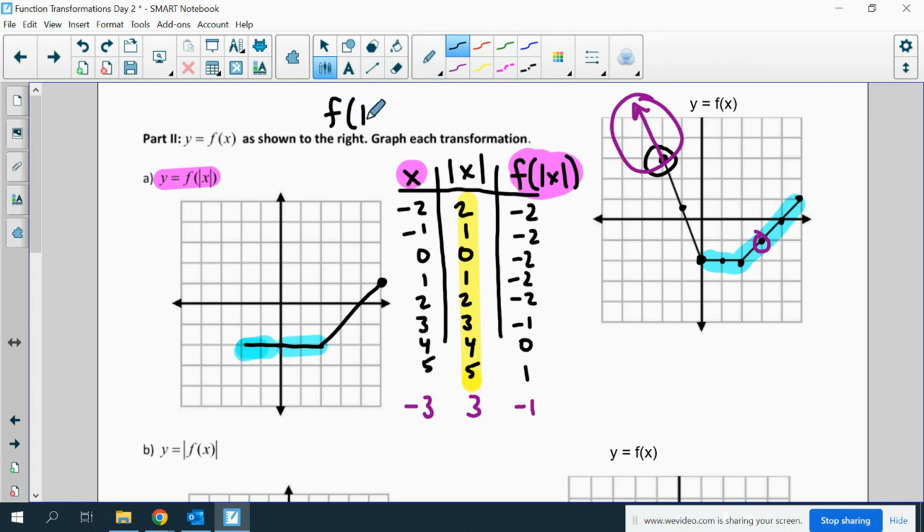So what f of absolute value of x is going to do is going to mirror the function on the right over the y-axis to the left. So everything over here that I highlighted in blue is going to get mirrored over as long as there was an original point in the function that had that.